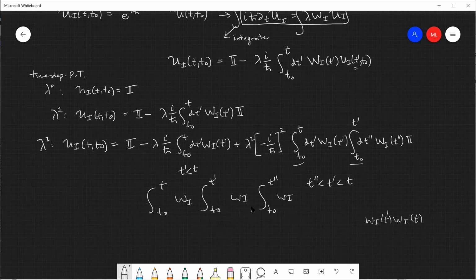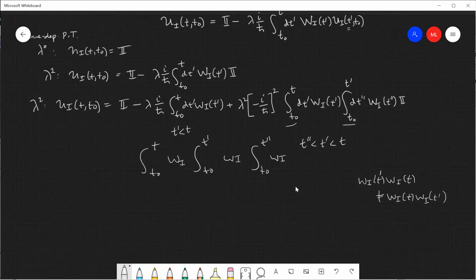But if they're different times, then it's not necessarily true that you can just slide them past each other because they're operators. So in general, at different times, they might not commute because they're different. So we have to be careful. So what we do is we introduce the concept of time ordering.